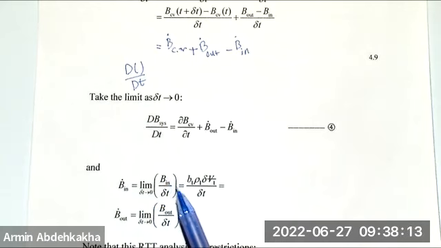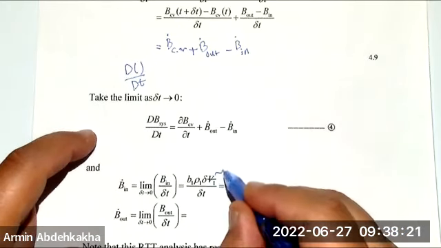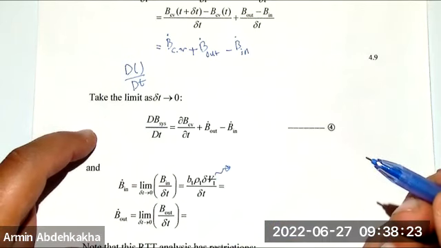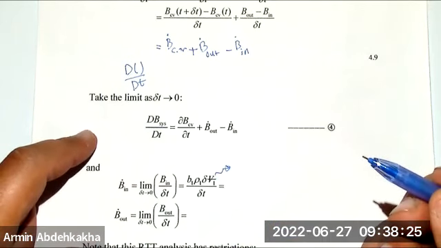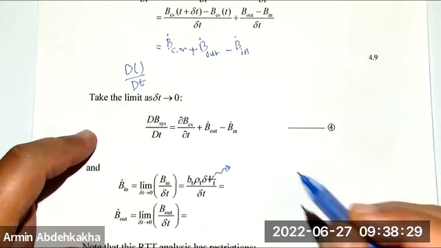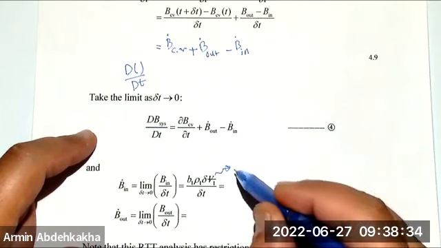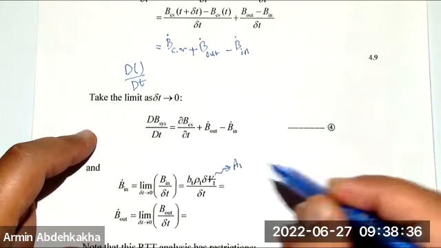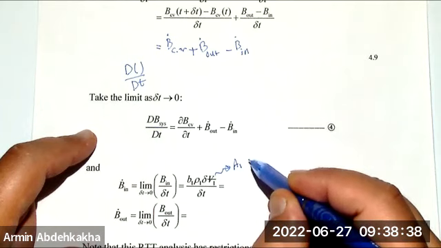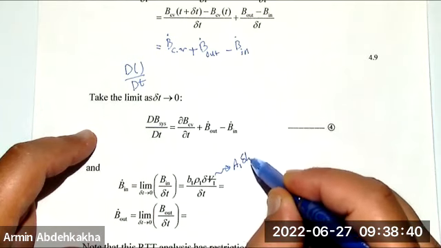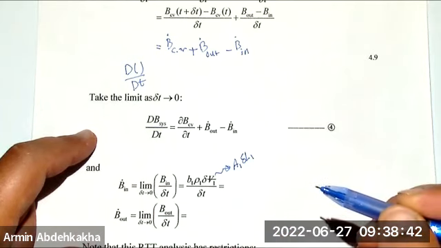Then I replace b1 rho1 delta V1 here, right? So what is delta V1 now? Delta V is the volume, right? When the fluid moves, you have a volume change. So it's going to be your cross-section area times delta L1, right?